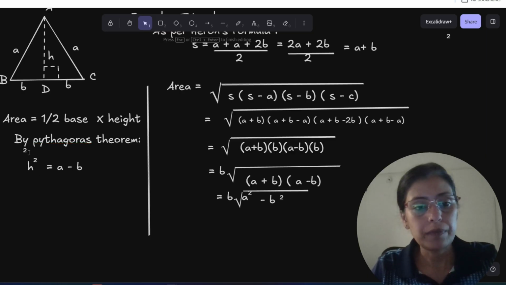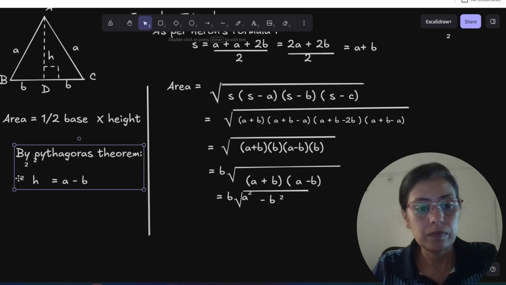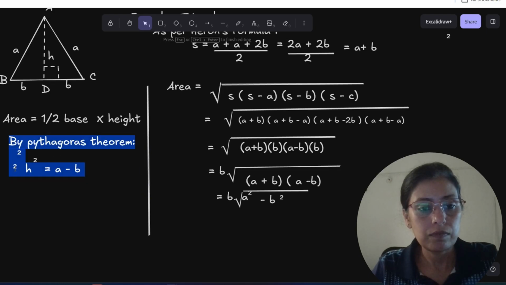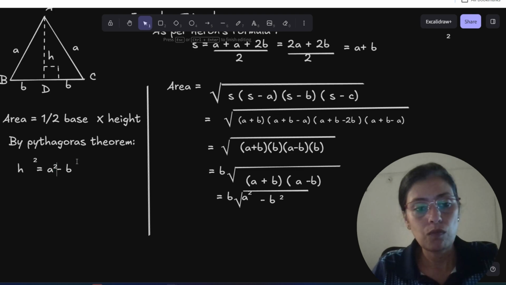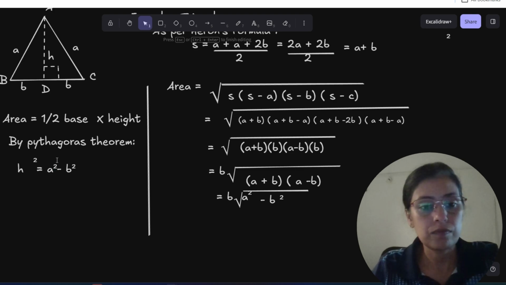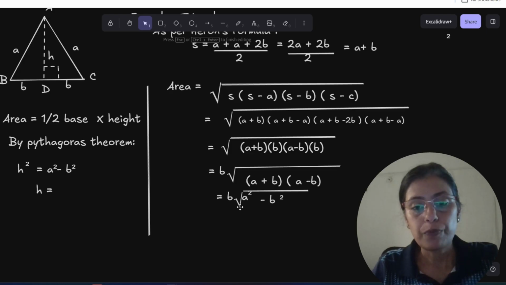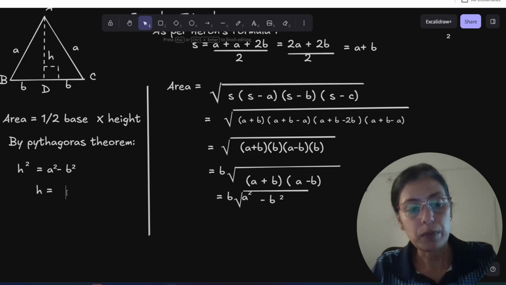So we can say then H is equal to under root of A square minus B square.